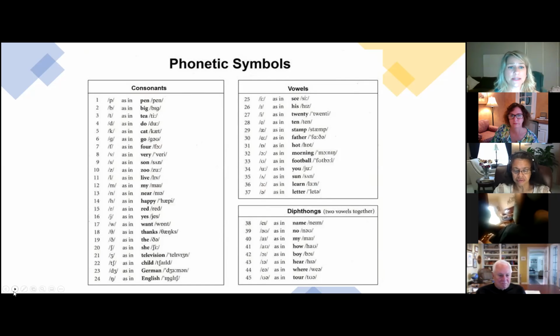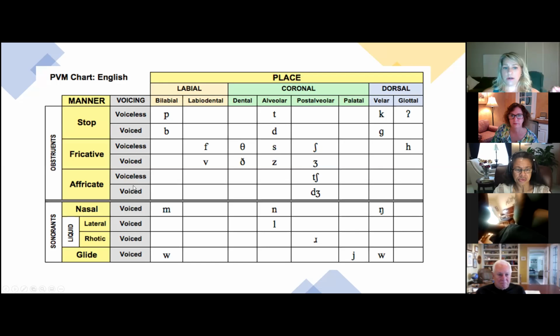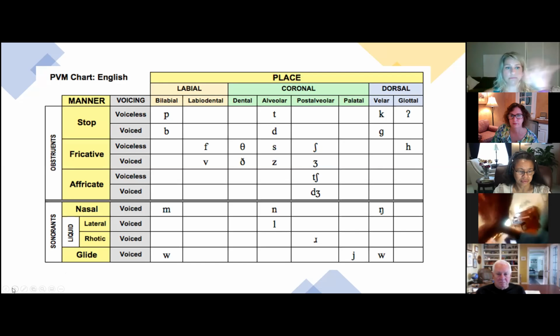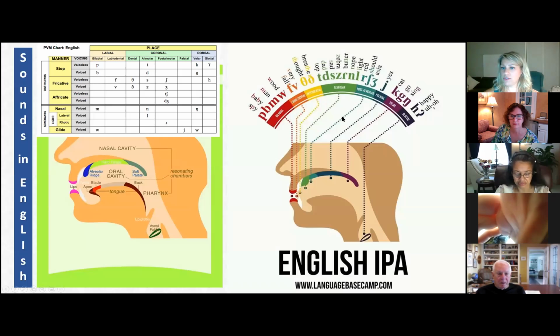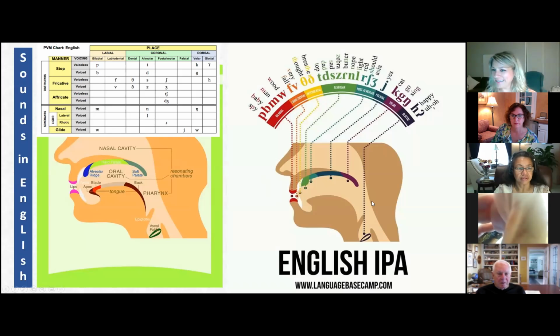Okay, I'm going to focus more on this chart, which we'll talk about along with this sort of chart of our faces. So I've actually taken this chart, which is in your handout, and I've moved it to this page right here, which shows your face, your head, okay?